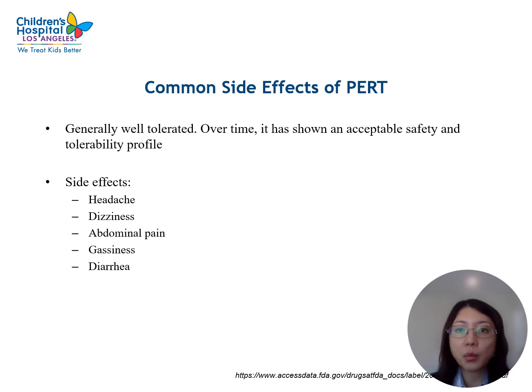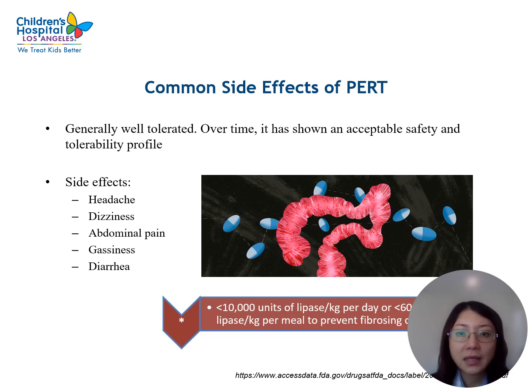It's pretty well tolerated in patients. Some side effects include headache, dizziness, abdominal pain, gassiness, or diarrhea. If the dose of PERT is too high, more than 10,000 units per kilo per day, or more than 6,000 units per kilo per meal, then the patient is at a higher risk of developing fibrosing colonopathy.